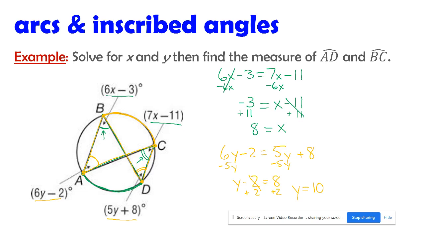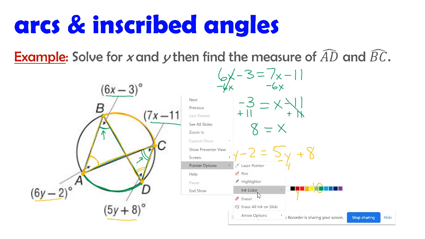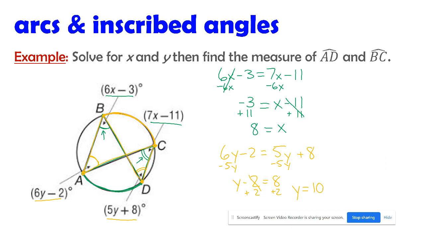The last thing we've got to do, or the big thing we're trying to figure out here, is find the measure of these two arcs, arc AD and arc BC. So if you look at arc AD, that's marked in green. We got that from the two angles that had x in them. So it's this arc right here. What I want to do is pick one of those angles, and it really doesn't matter which one.